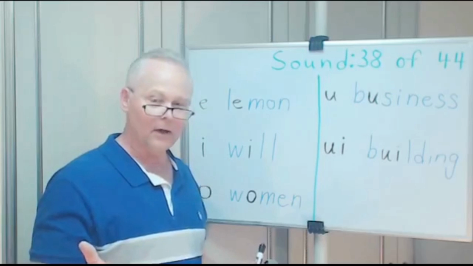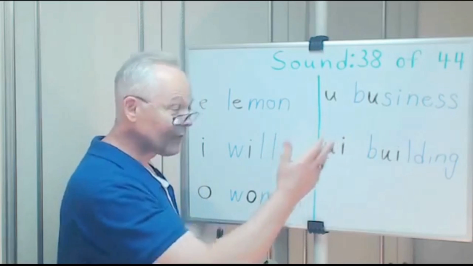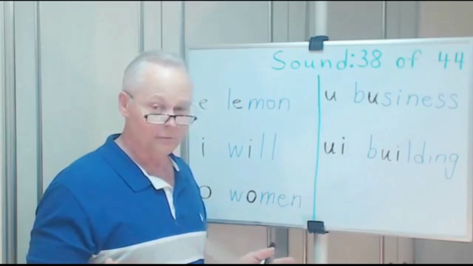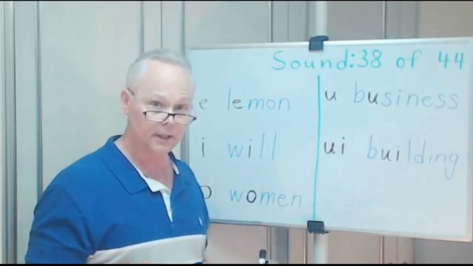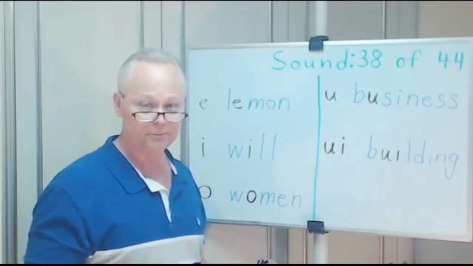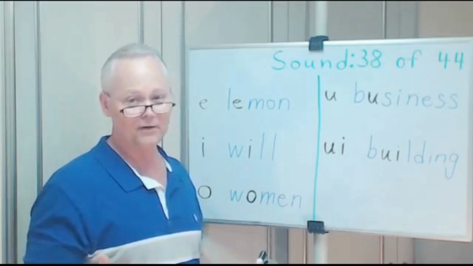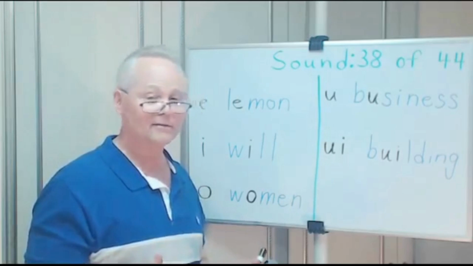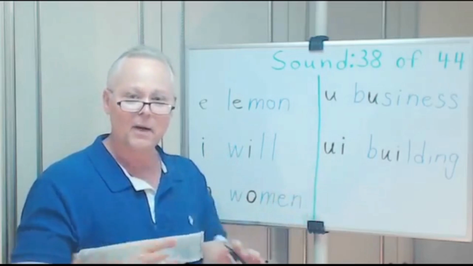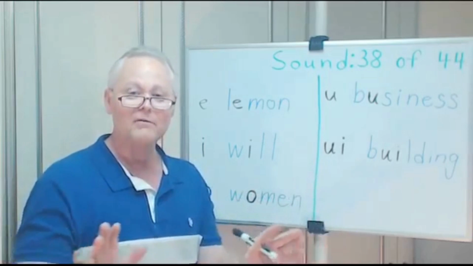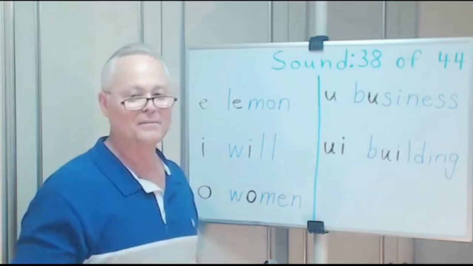Now, I want to keep reminding you, there's 44 sounds, and out of 44 sounds, many of them are going to sound so similar, it is unbelievable. But there really are 44 separate sounds. Do a little investigating on your own if you don't believe me, because I know after a while these sounds get to be kind of a blur, but I'm trying to pick them out for you.